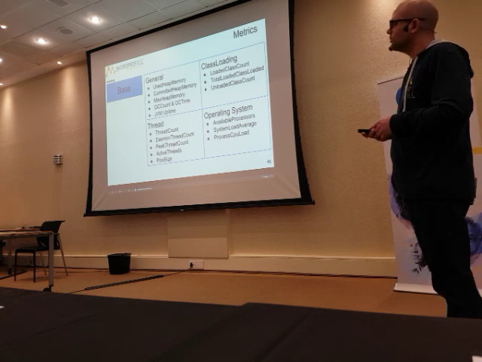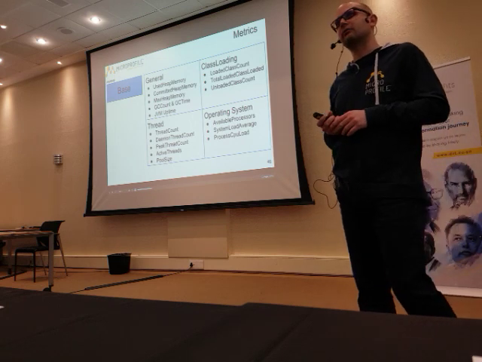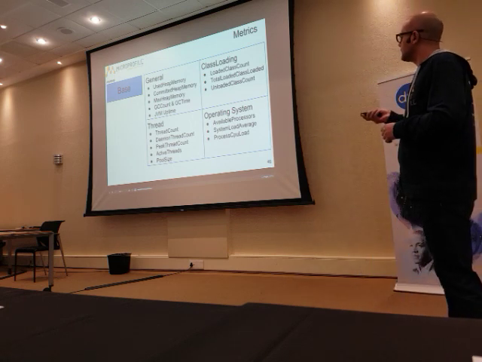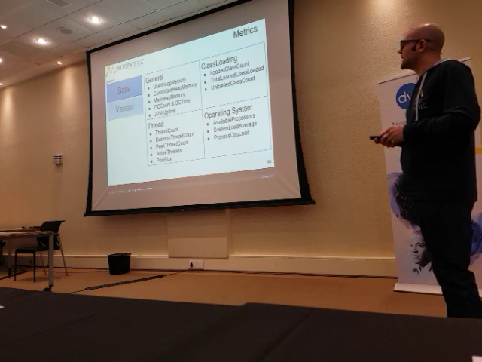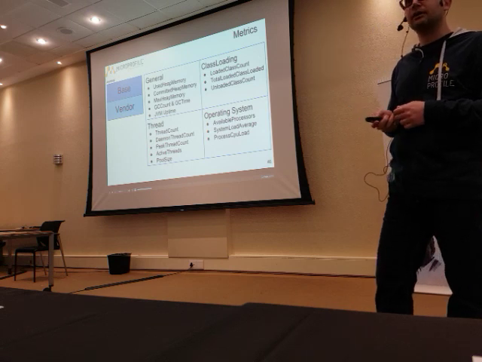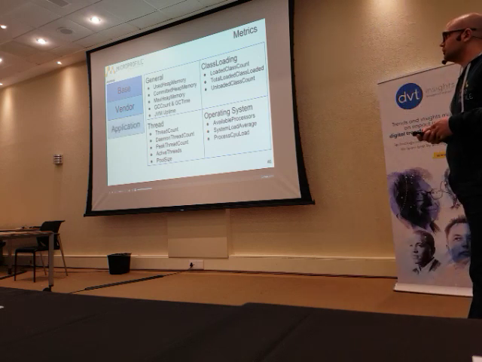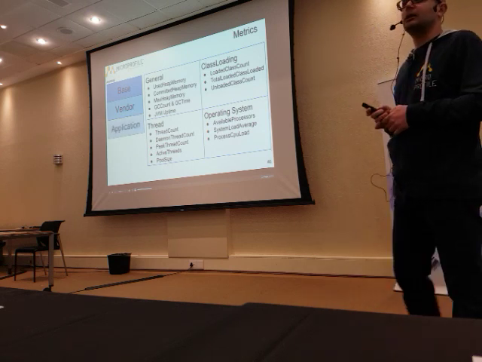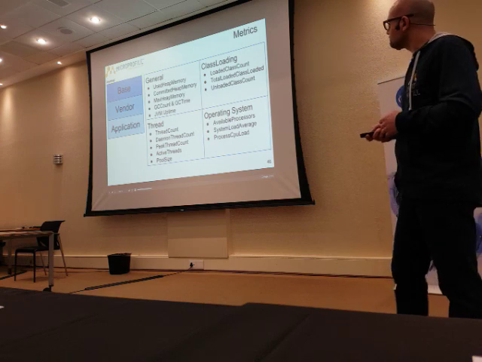So by default, if you're using MicroProfile, you already have a metrics output that gives you this information. The vendor of the implementation can add vendor-specific metrics, and then you as an application developer can add application-specific metrics.